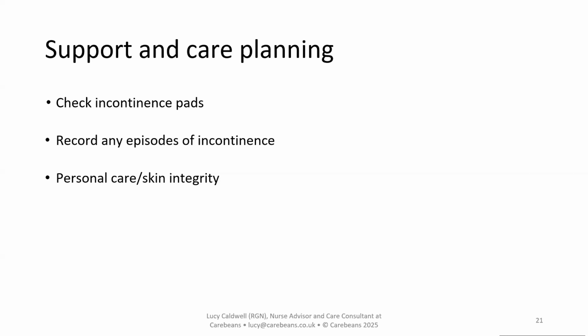But that's the best practice tool that's out there that we have on the system. And that's a good way to record what type of stool they've had. But also you've got the notes section in there just to record whether they were continent, whether they were incontinent, so that you've got a record of that, so that you can identify patterns and bowel performance.